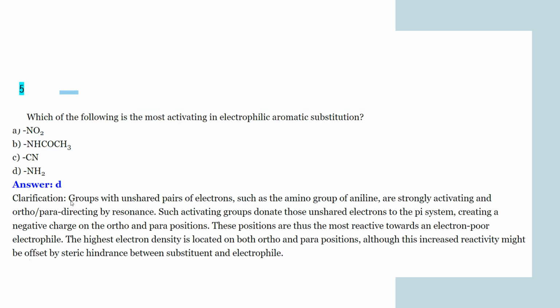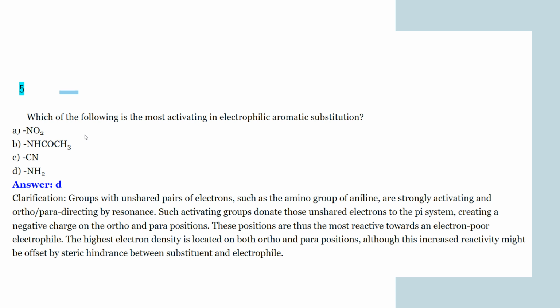Out of all these four, like we have already discussed, nitro is a very strongly electron withdrawing group. So it is a deactivating group in case of electrophilic aromatic substitution.